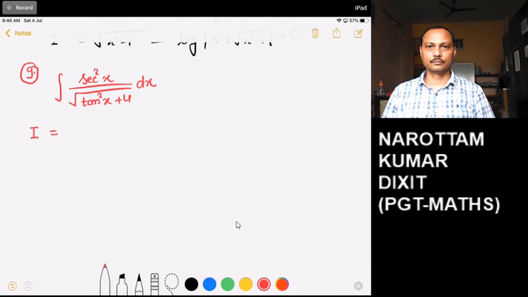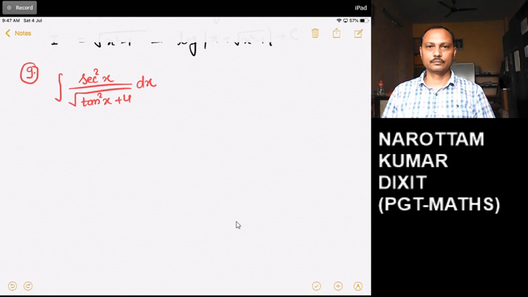So I equals to, sorry, think what is the suitable substitution here. It is the term in the form of x square plus a square in the denominator.